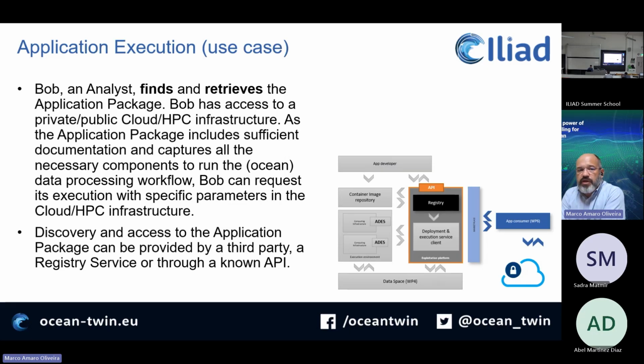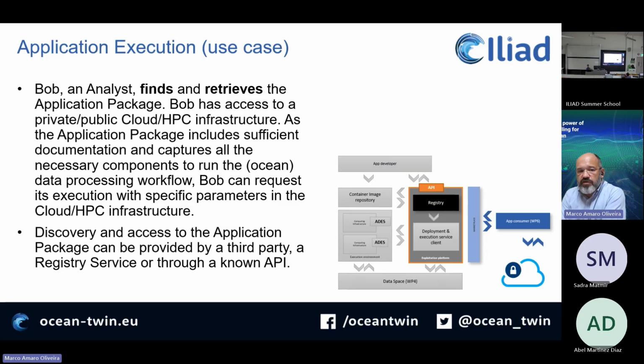So another use case would be an analyst that is searching for a tool to use in his own pipeline. He finds this tool or the complete pipeline, and then he can deploy it to run in a computing infrastructure, either HPC or cloud infrastructure, or even my own machine, as we will see afterwards.